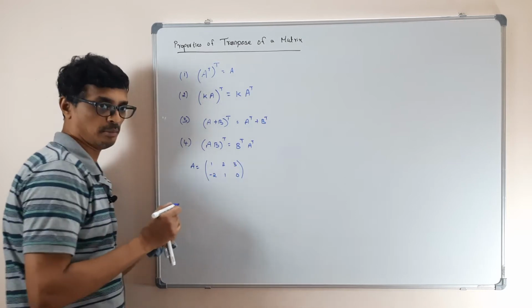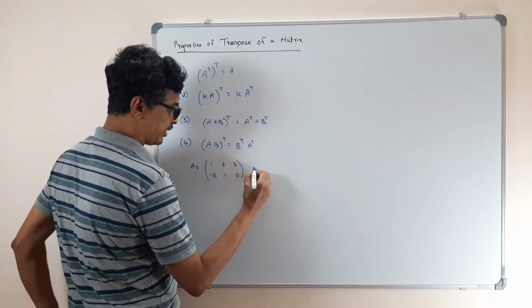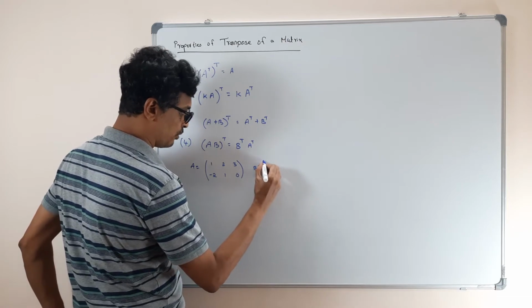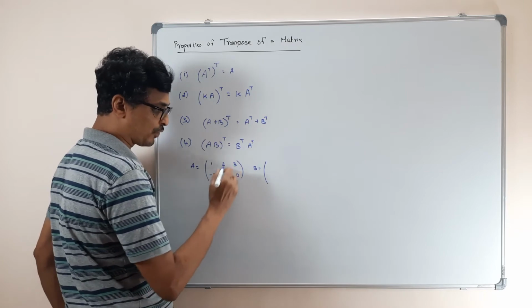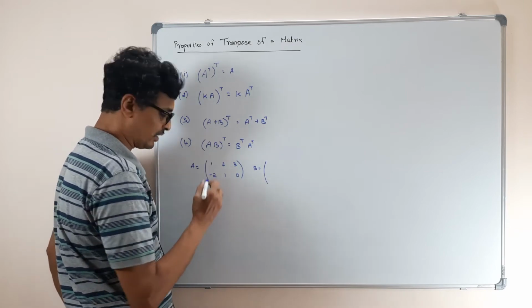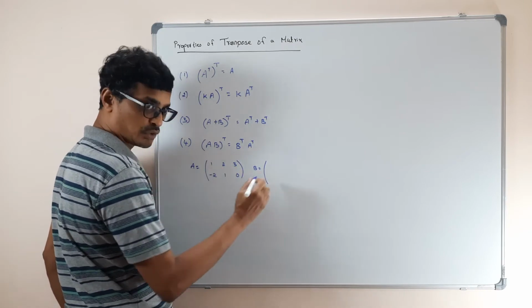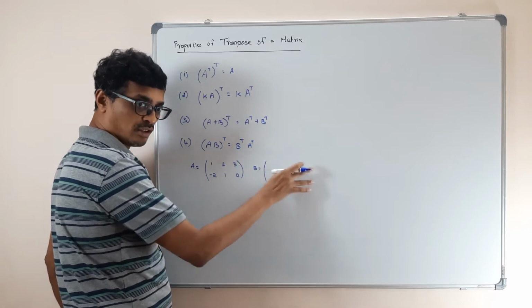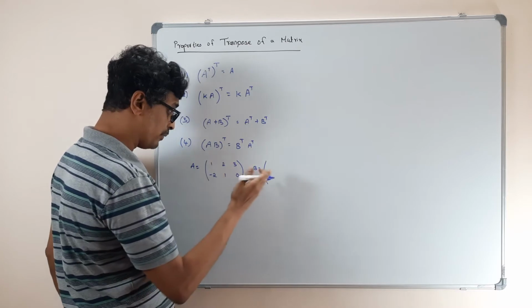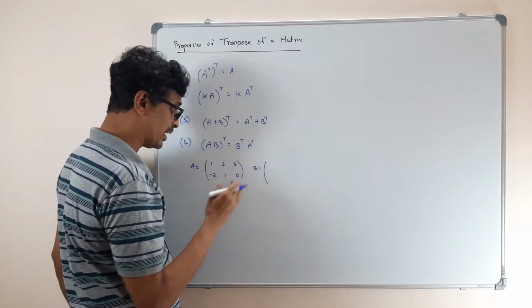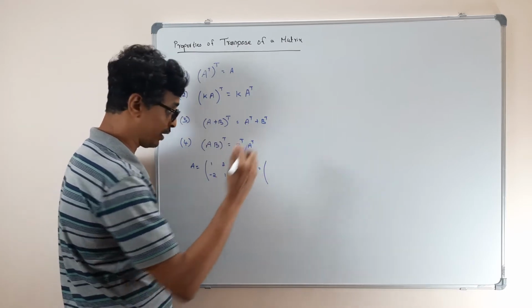This is a 2 cross 3 matrix. So for this matrix to be conformable with B, B should have the same number of rows as the number of columns of A, correct? So this should have 3 rows. We don't want to take the same dimension.